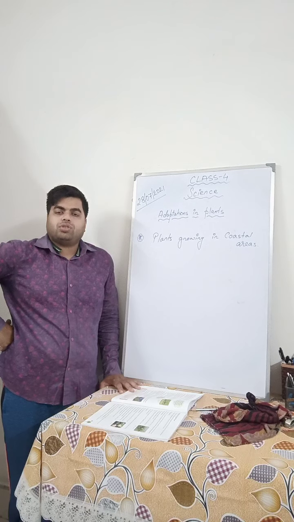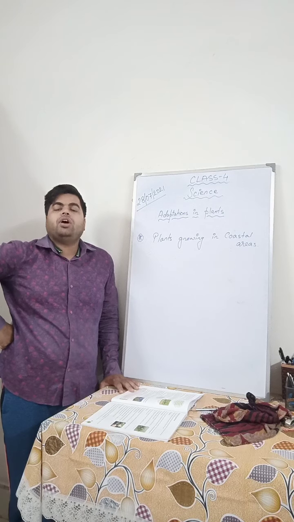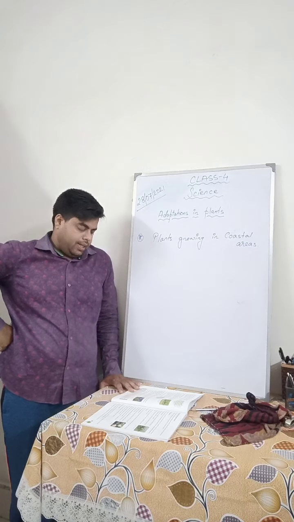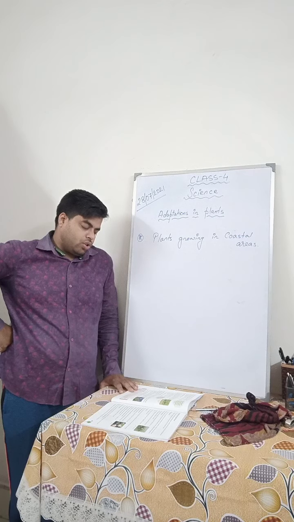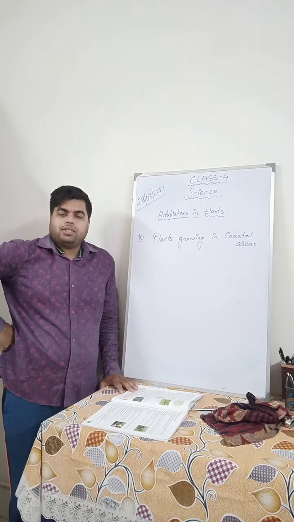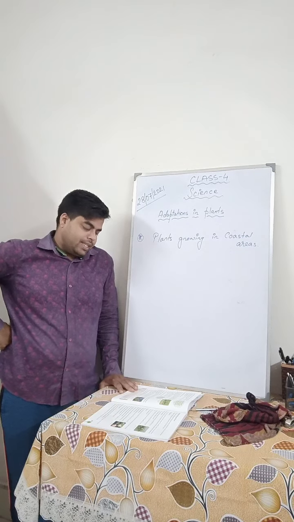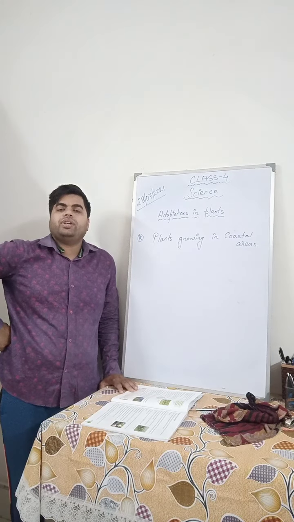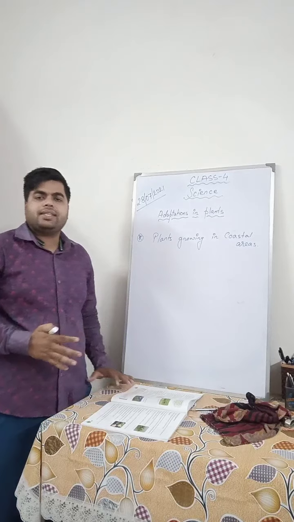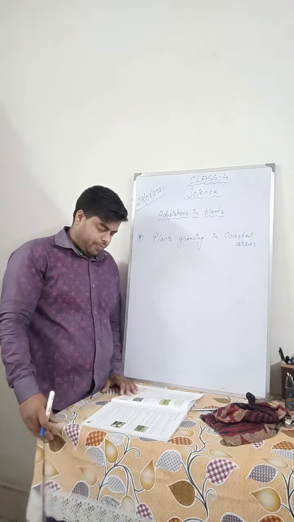The climate in the coastal areas is hot and wet. That means you will find a lot of moisture in the air. The soil in coastal areas is sandy and saline, that means it contains salt. And these places are generally windy. Just because they are beside the sea or oceans, there is a lot of wind blowing all the time.